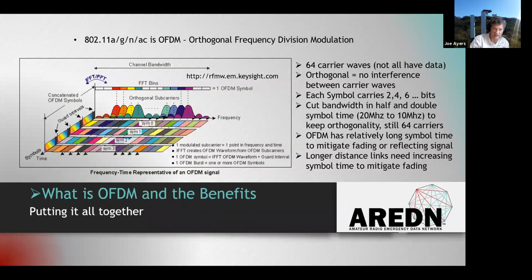At longer distance, we need that longer guard room, as there's more time and distance for a reflected signal to travel. We need that extra time so that we're not getting symbols trashed from one symbol to the next. So 20 megahertz with the shorter symbol time will only go so far. I forget offhand, I think Randy showed a slide earlier, the maximum is 20-some miles.